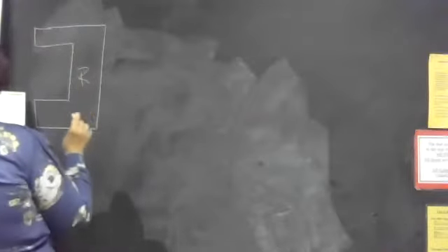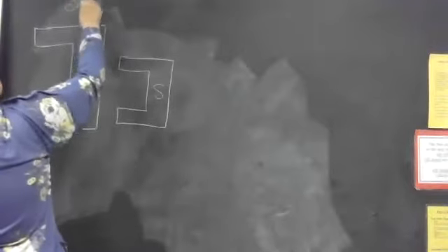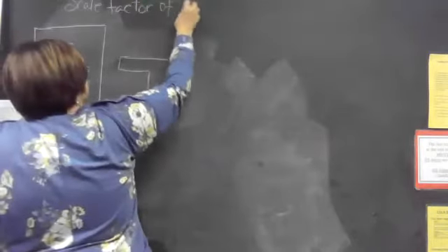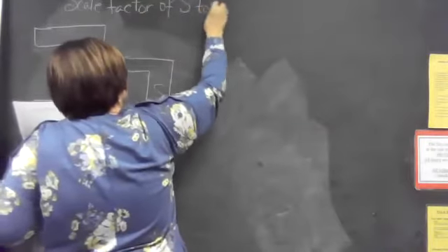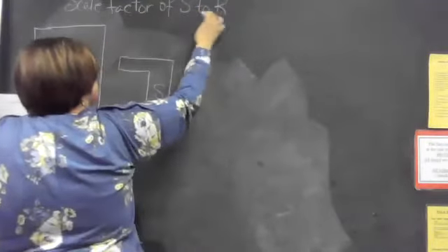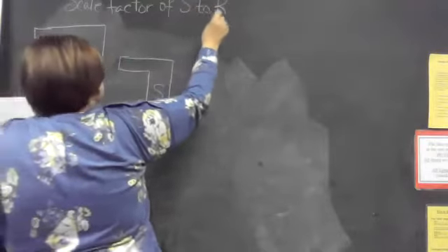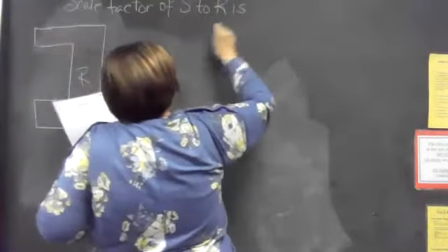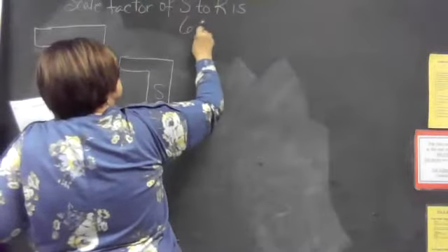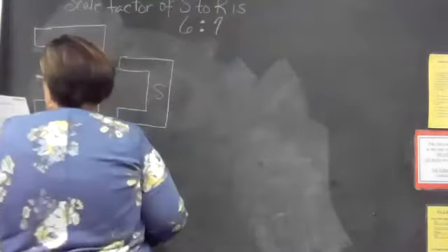This is R. And this is S. Okay, and they tell us that the scale factor of, and this is important, S to R. If they had R to S, it would be different. They said it is 6 to 7. 6 to 7.